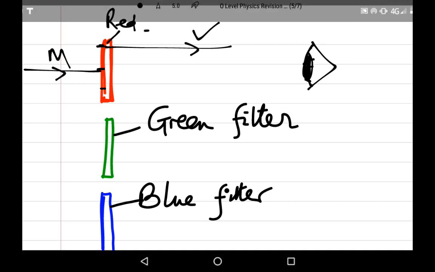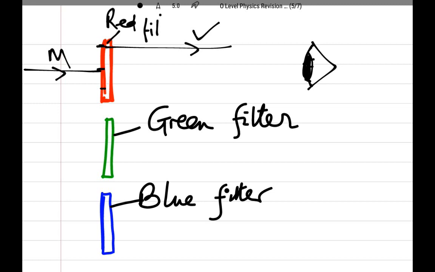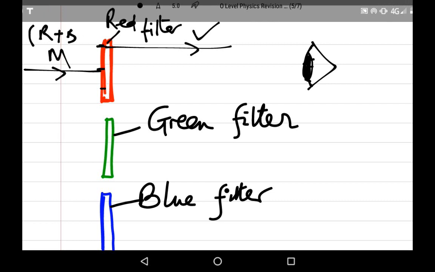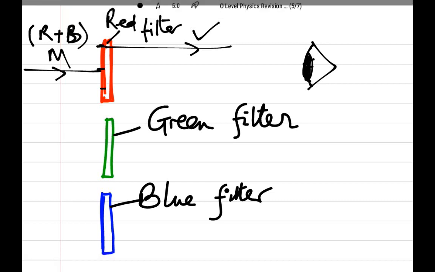It's a red filter. So magenta, just remember what's magenta. Magenta is a composition of red and blue. It's a secondary color that is made up of red and blue. That means when magenta light is incident on the red filter, the person this way will see red.